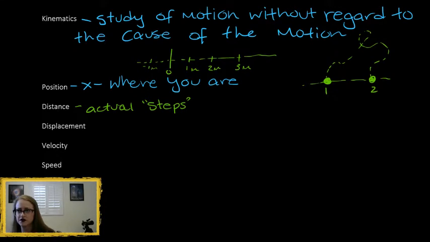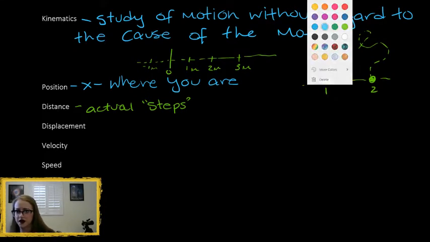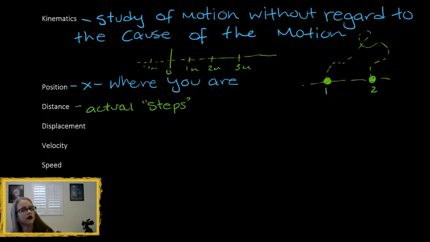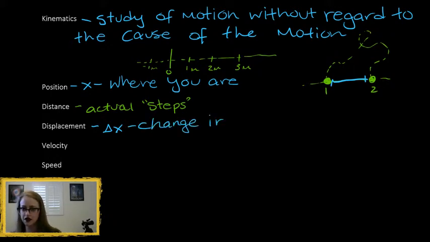So what is the difference between distance and displacement? Well, you started at 1 and you ended at 2. So you're really in a straight line distance only this far from where you started. So displacement is delta x. It is your change in position.